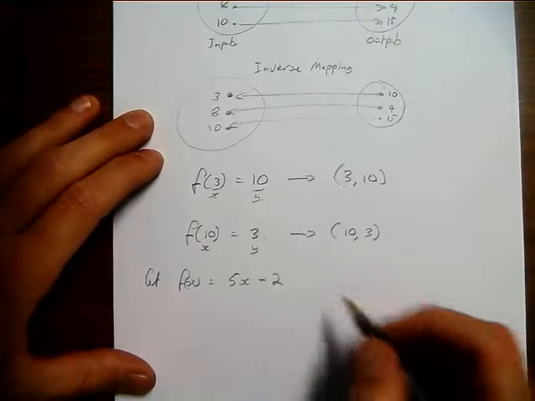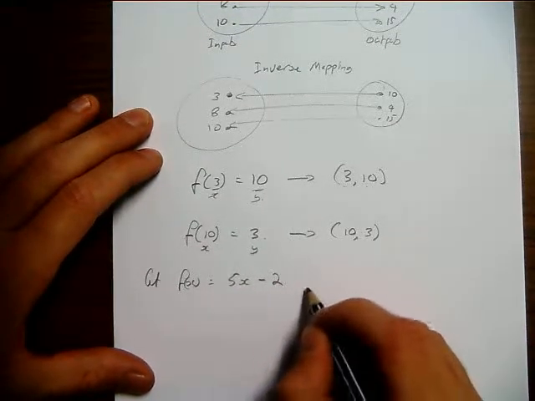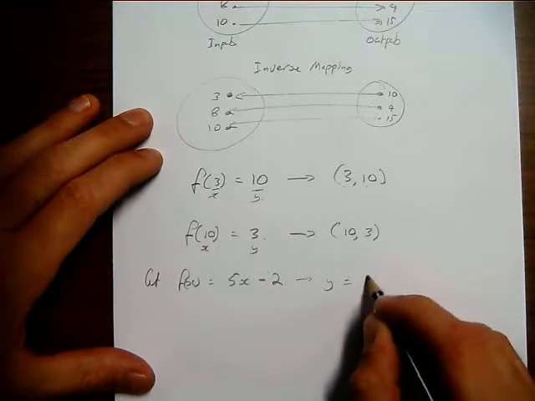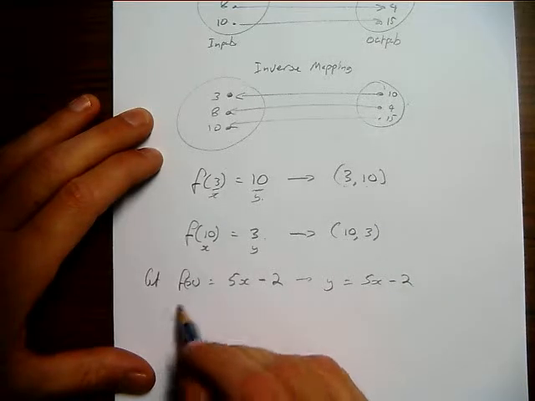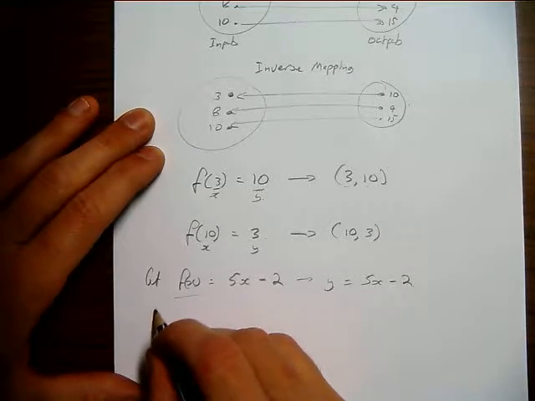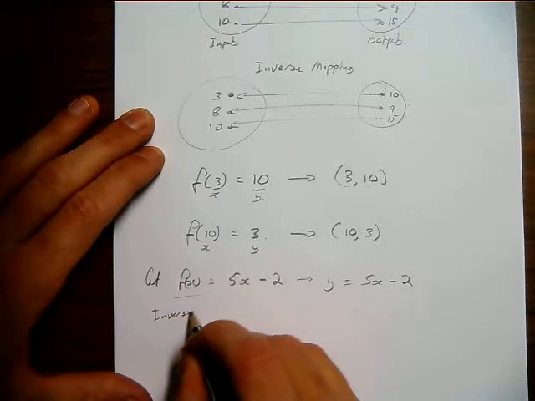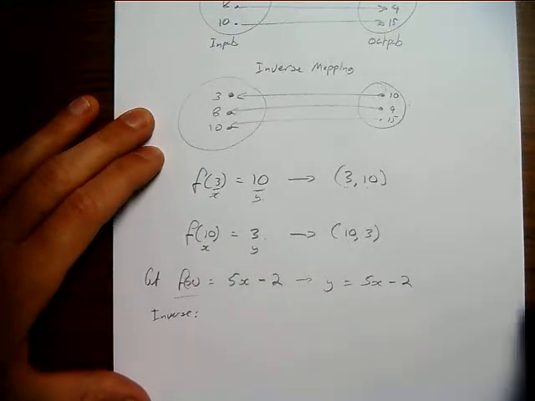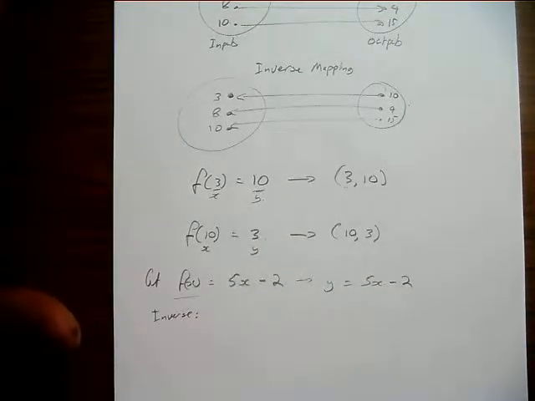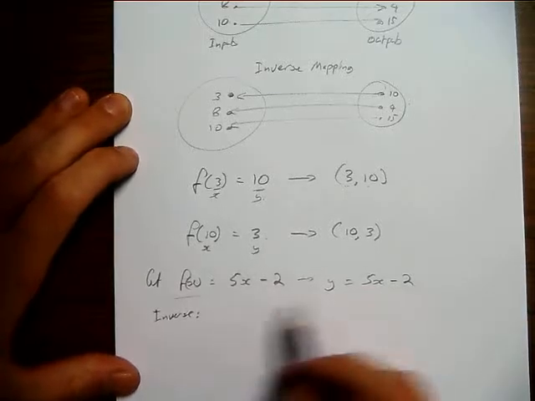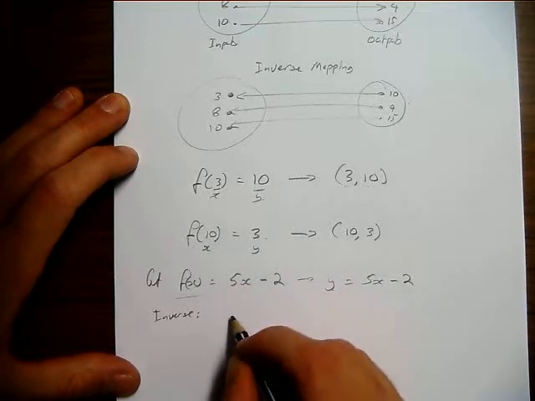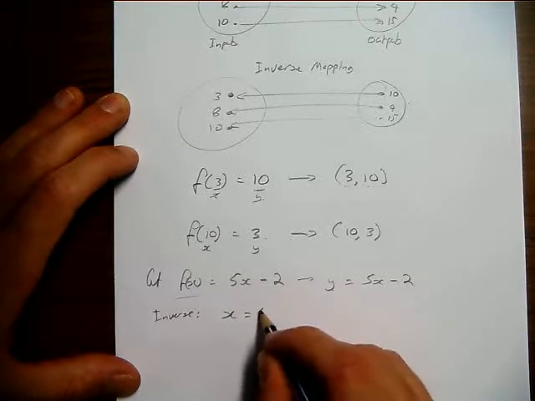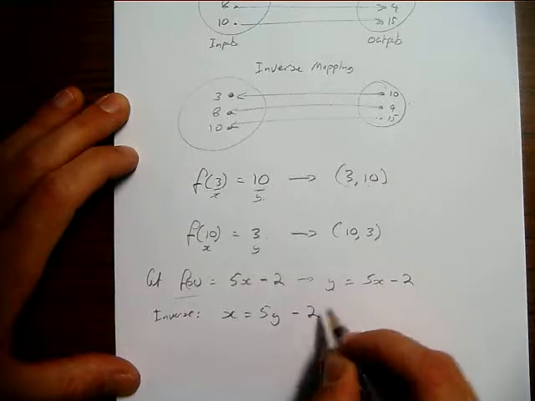So y is equal to 5x take 2. This is my original function. My inverse is when I swap my y and my x. So my inverse relationship between these two variables is going to be x equals 5y take 2.